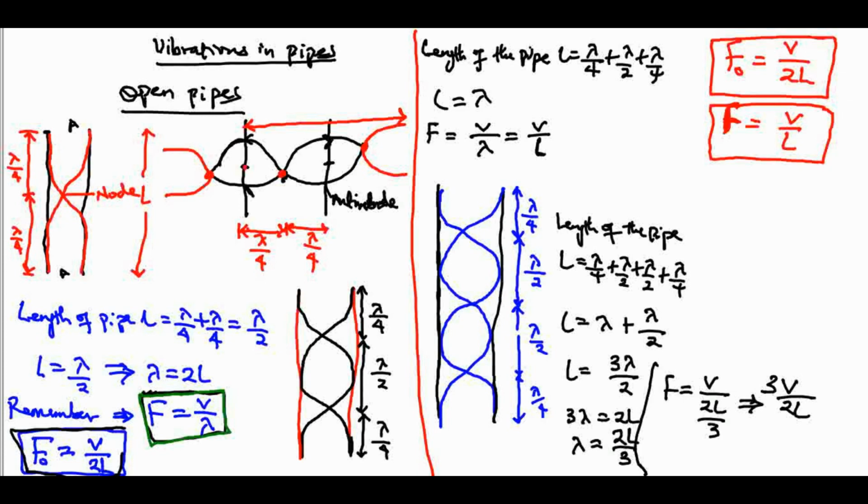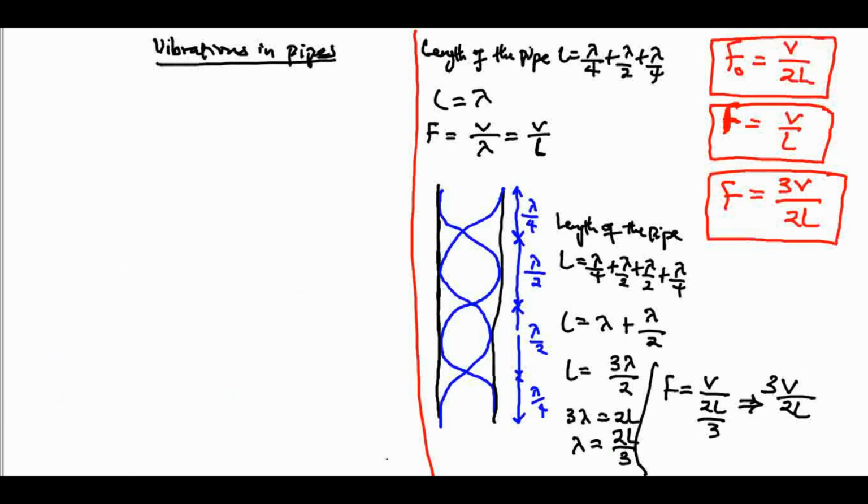So what does that tell us? That tells us that the next thing we have in this order will become 3V over 2L, and that also deserves to be in a box. So we have F naught equal to V over 2L, and as usual, we want to call that the fundamental.